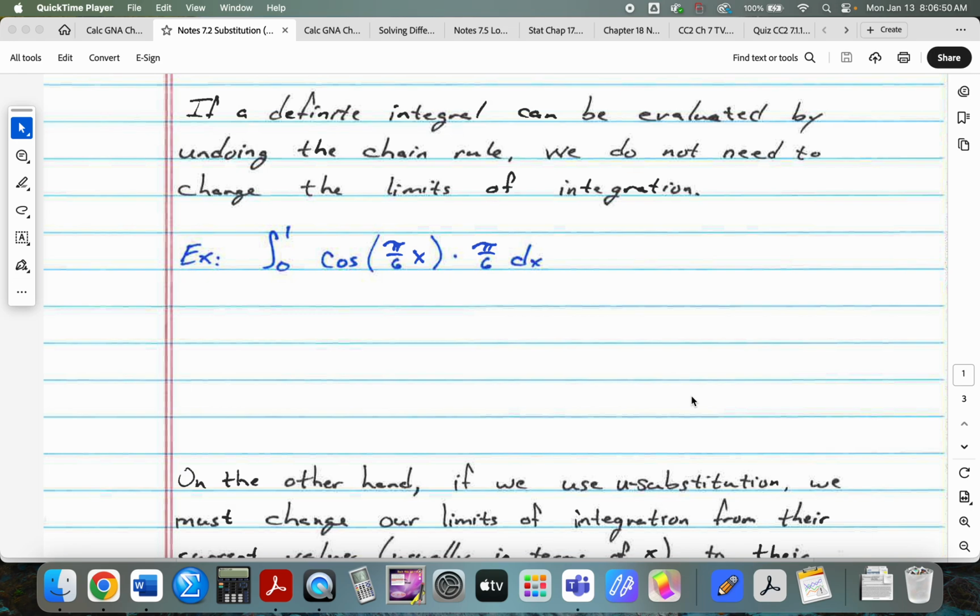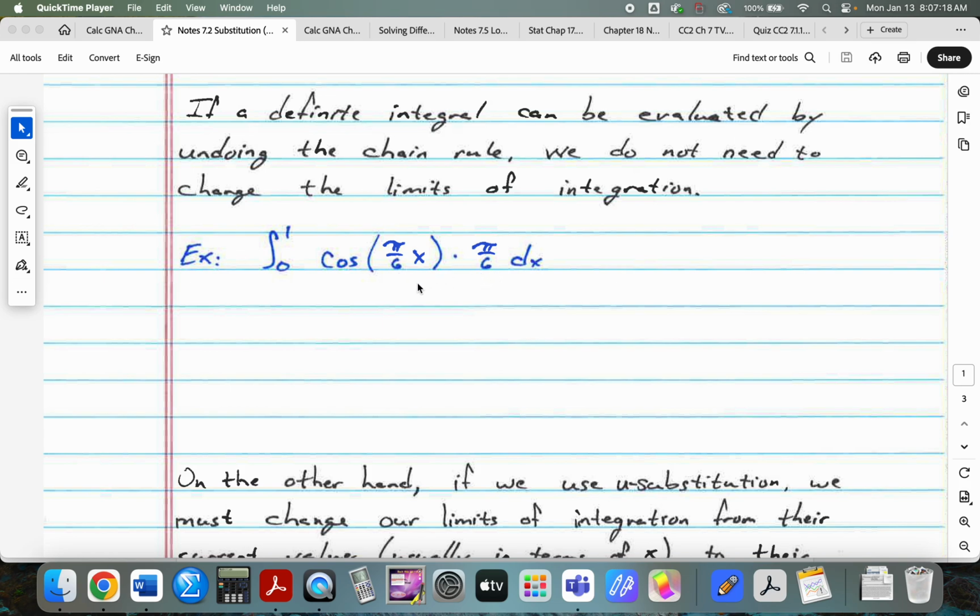If you don't change the variable, in other words, you don't do a U substitution, you don't have to worry about the limits of integration. This is saying as x goes from 0 to 1, what is the integral of this integrand? And since this is pretty easily set up to do undoing the chain rule, the derivative of pi over 6x is just pi over 6.